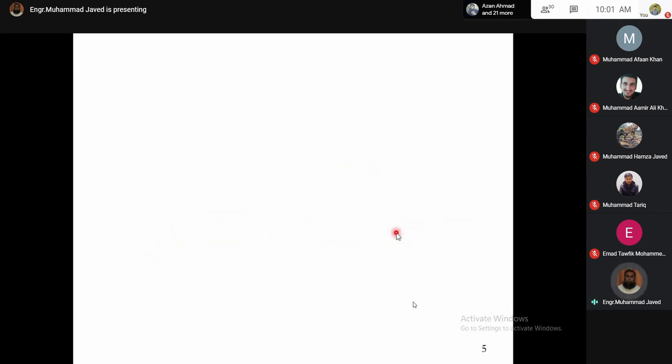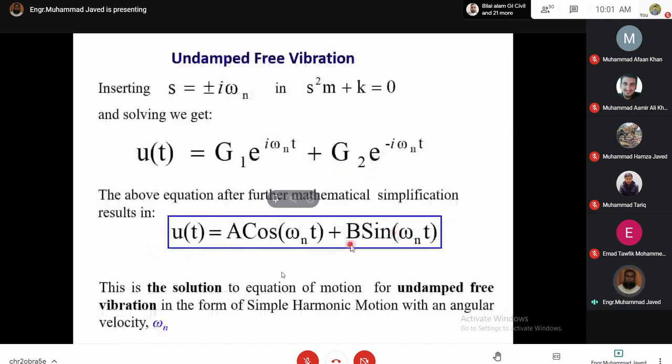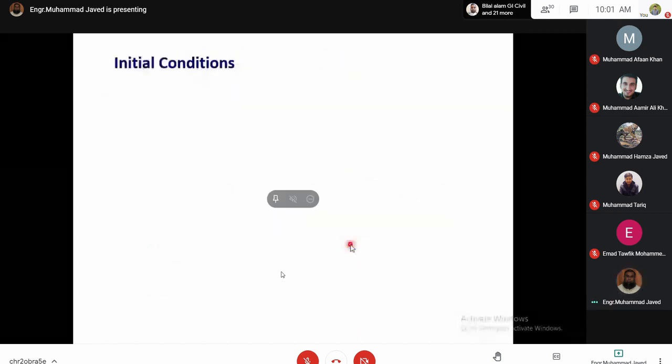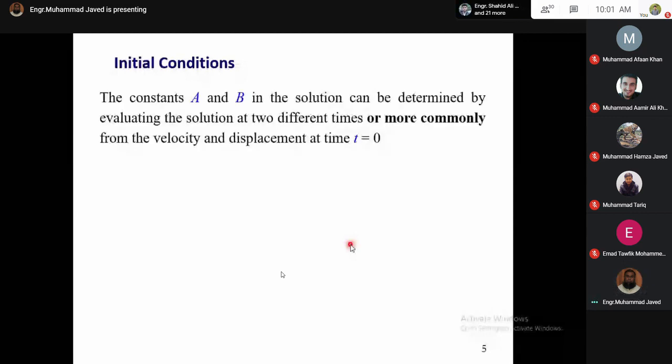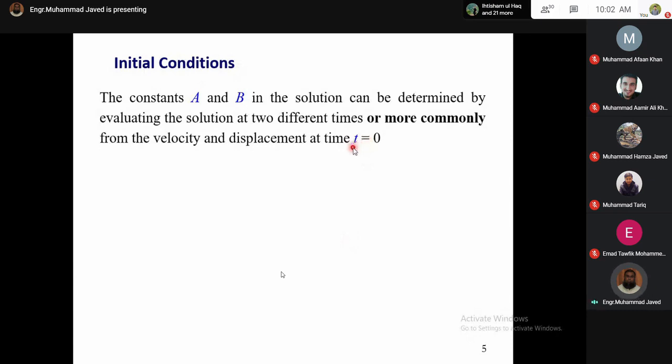As I told you, A and B depend upon initial conditions. What are initial conditions? Initial conditions in this case are displacement and velocity. And more commonly, in order to find A and B, we consider the velocity and displacement at the start of free vibration, when t is equal to 0.